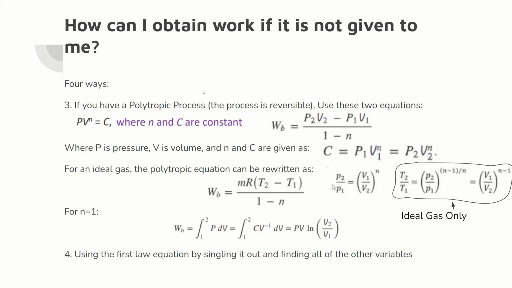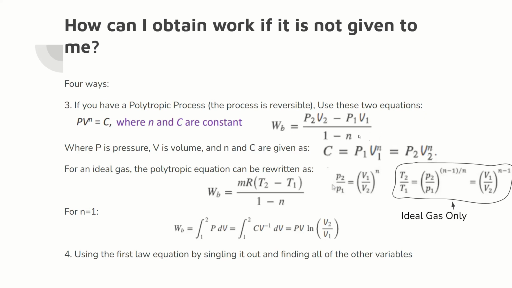Polytropic process. The definition of polytropic just means that going from state 1 to state 2 for a specific fluid can also be reversed from state 2 back to state 1. And so I'll have multiple equations within the polytropic process that you can use. The main one will be work, obviously. Work is equal to the pressure in state 2 times the volume in state 2 minus the same thing for state 1, divided by 1 minus n.